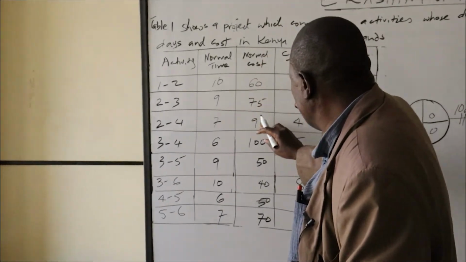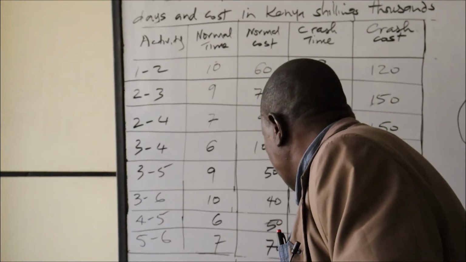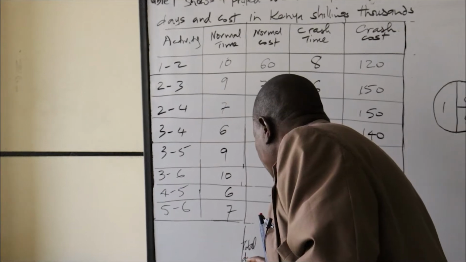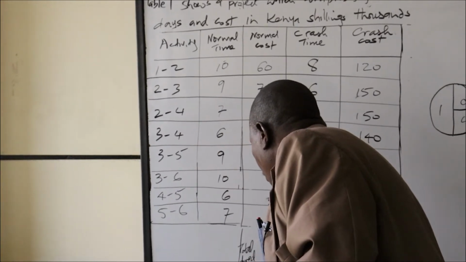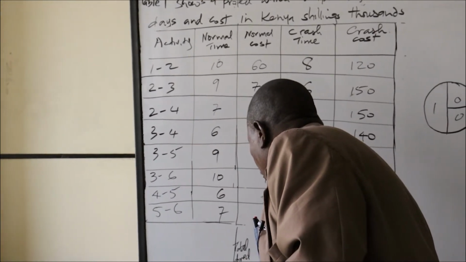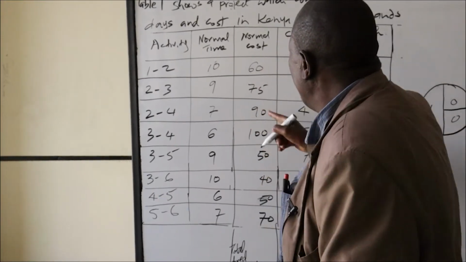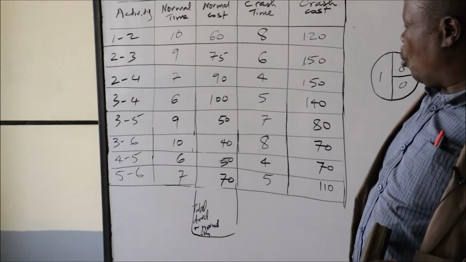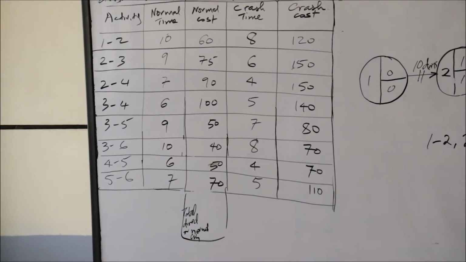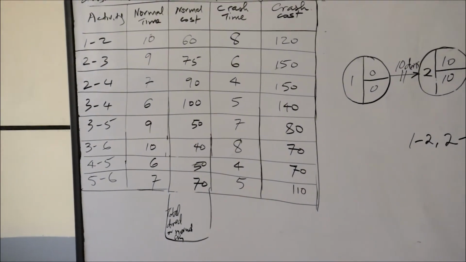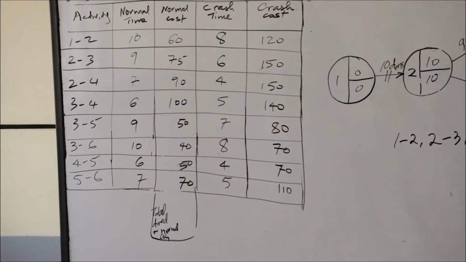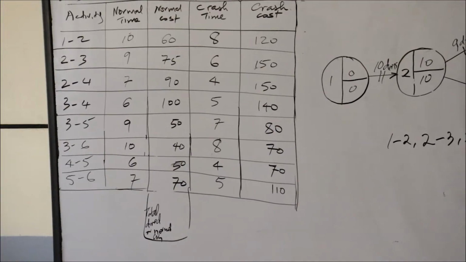That is the total direct or normal cost.